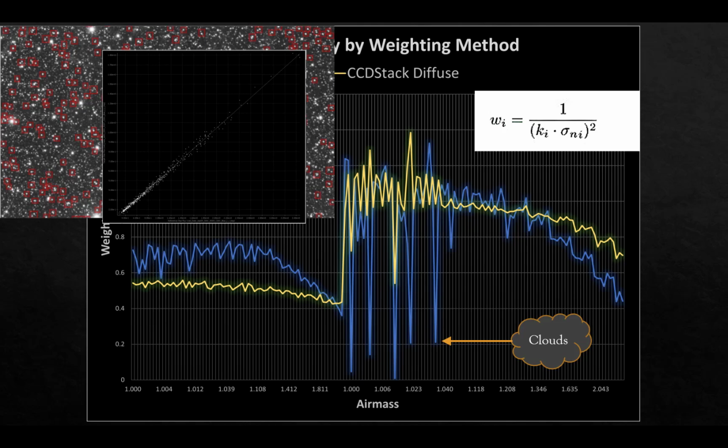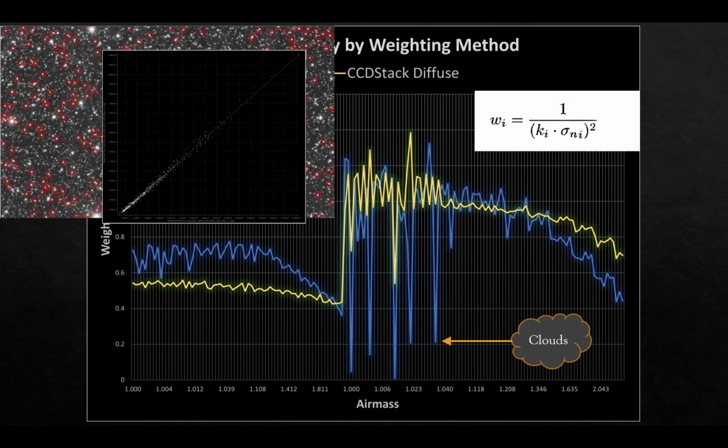And this method, instead of drawing boxes around a diffuse glow somewhere, starts by finding the stars in an image, measuring their fluxes, and then comparing a reference frame to a target frame, and calculating a scaling factor by fitting the line of all the little ratios that you measure between all these paired sources between the two frames. So you get a K value, and with NSG, like these other measures, we're also including a noise term. So 1 over that is what we would call our weighting scheme.